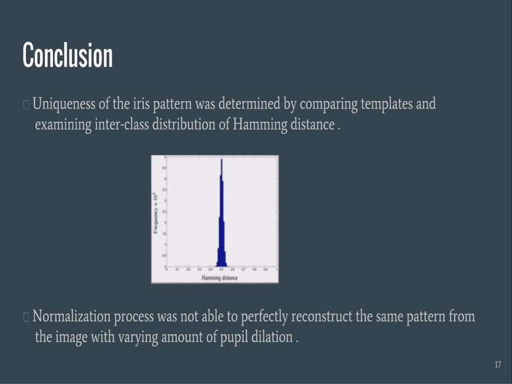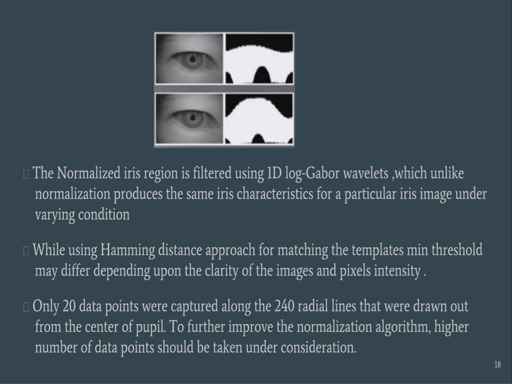In the conclusion part, the uniqueness of the iris pattern was determined by comparing templates and examining the interclass distribution of Hamming distance. This is the curve for the interclass distribution of Hamming distance. The normalization process was not able to perfectly reconstruct the same pattern from the image with varying amounts of pupil dilation, and because of the rotational inconsistency that might be in your iris images.